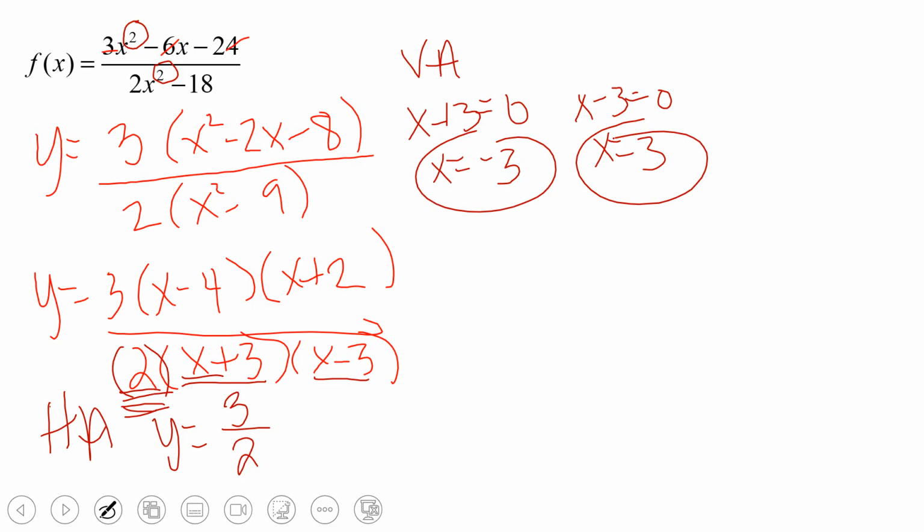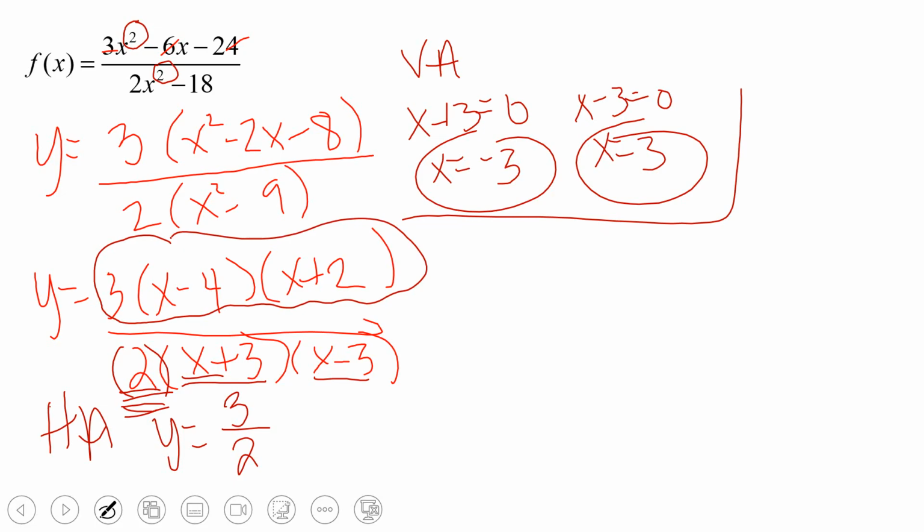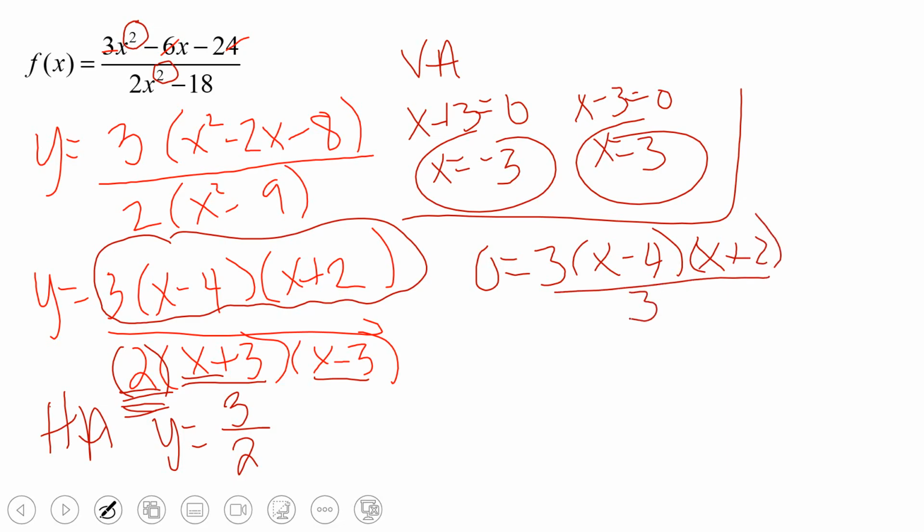Let's move forward now with identifying the x-intercepts. The shortcut in this form is to take the numerator and set it equal to 0. So I'm going to start by dividing by 3. 0 equals this.